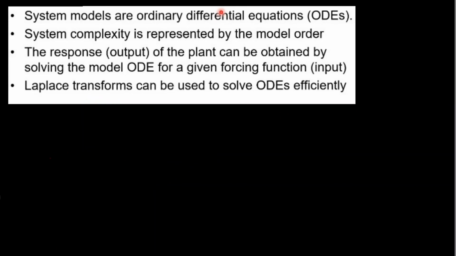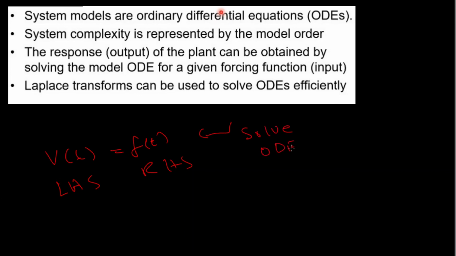So what does a system response look like for an RC circuit for that specific equation which we discussed before? It will look something like this: a function of time where the right hand side is this and the left hand side is the output. And it's what happens when you solve an ODE, an ordinary differential equation, and you do that with Laplace.